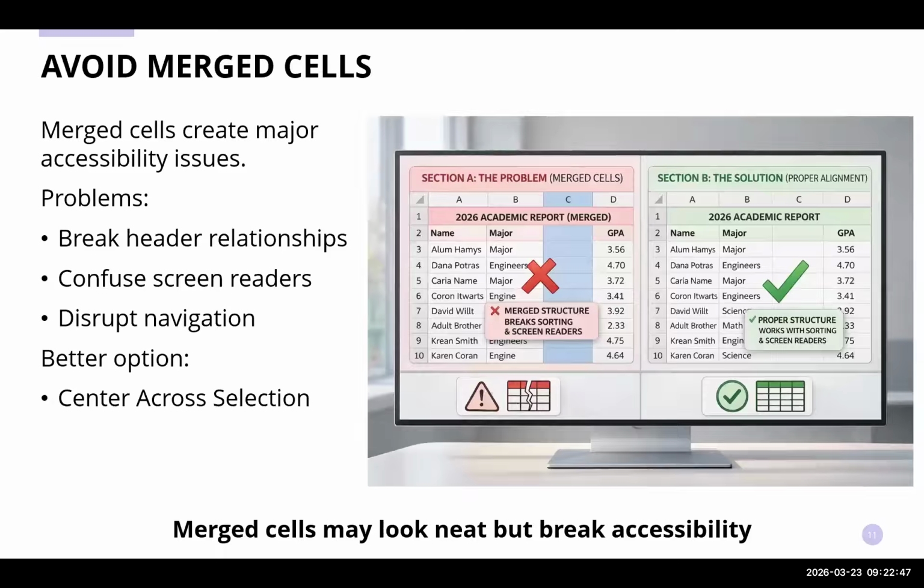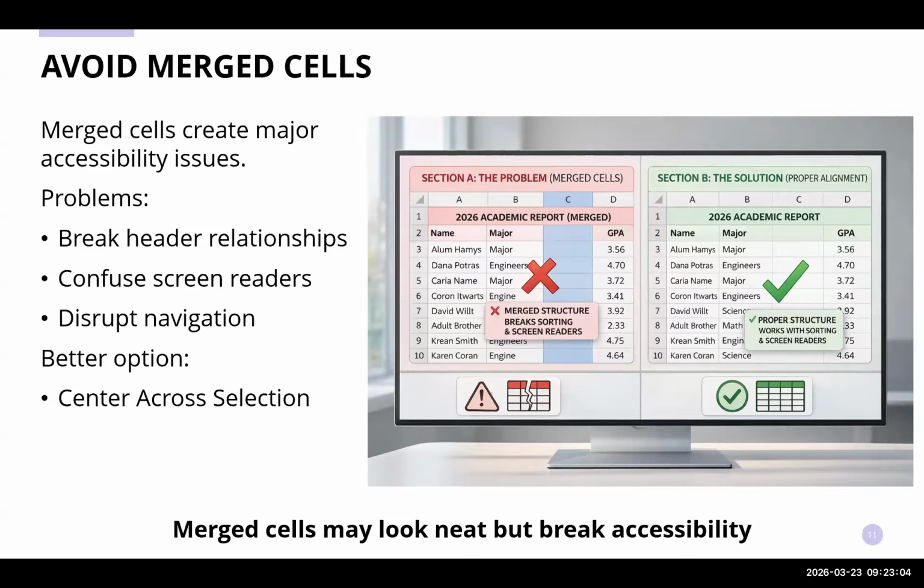Then right click and choose Format Cells. Go to the Alignment tab, and you'll see an option called the Horizontal combo box. Within that, select Center Across Selection.